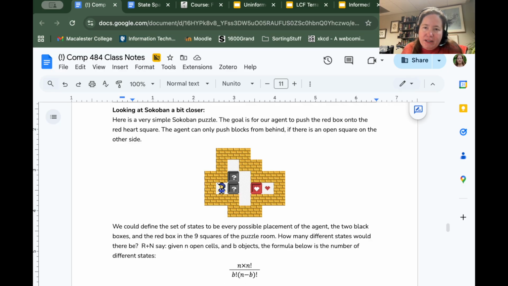I did some of this math offline. There are actually more than 1,000 different configurations of this set of objects. So we're talking about this particular 9 square shape, the person, the two obstacle blocks, the goal block, and the goal itself. There are more than 1,000 different ways you could configure those.